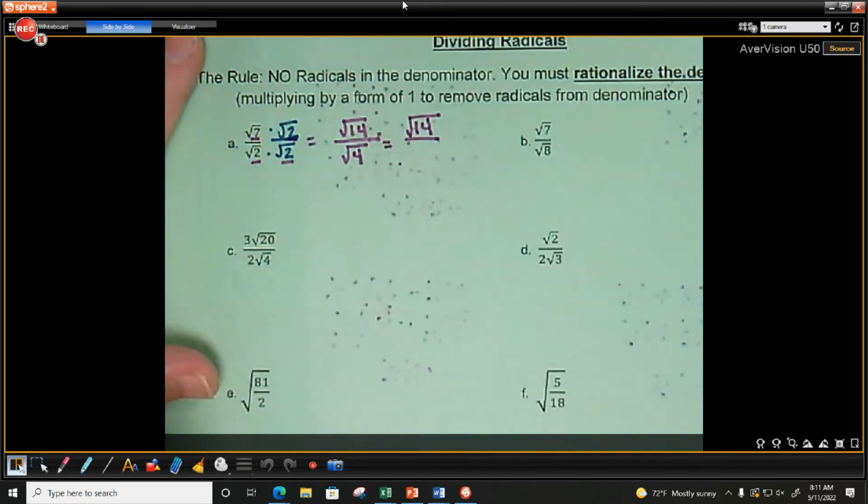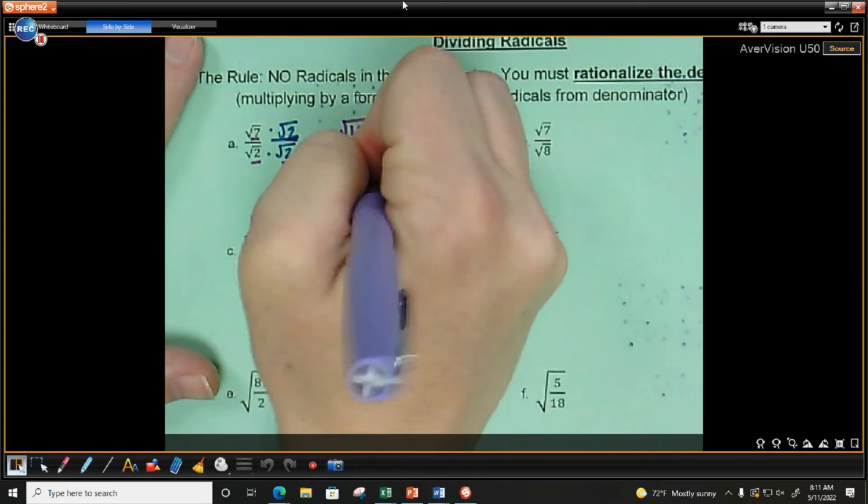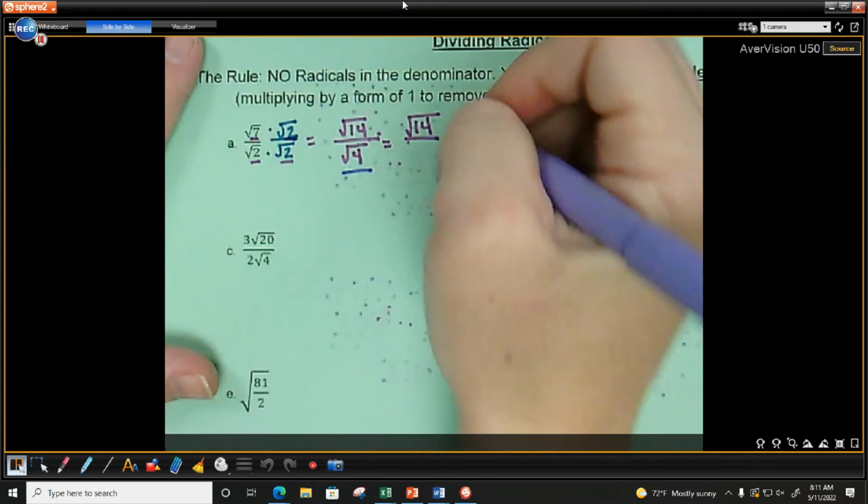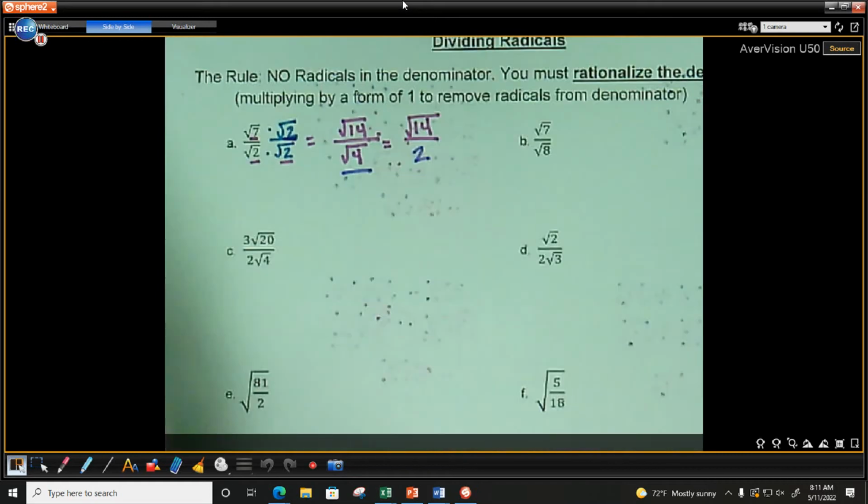Over, what's the square root of 4? 2. Okay? Notice when we took the square root of 4, the square root sign goes away. Because when you take the square root of a perfect square, you no longer need the square root sign. Okay? Now, can I do 14 divided by 2 and make it 7?